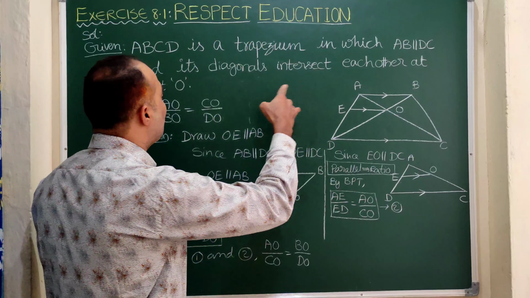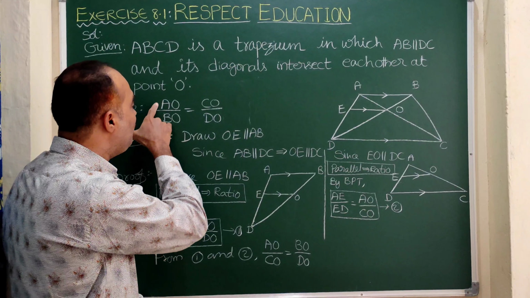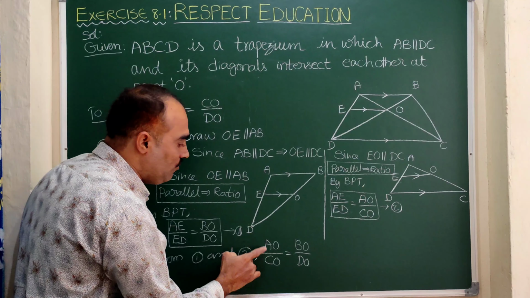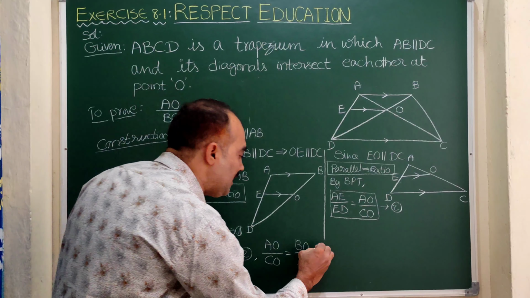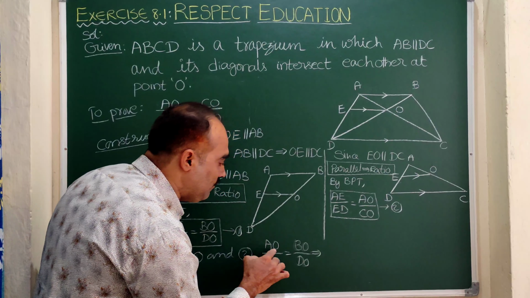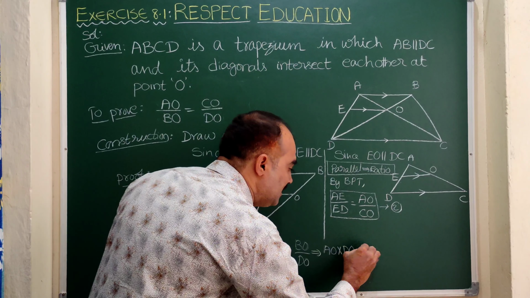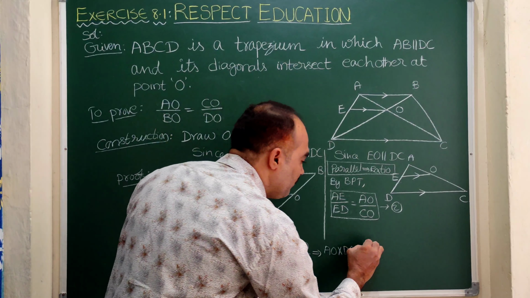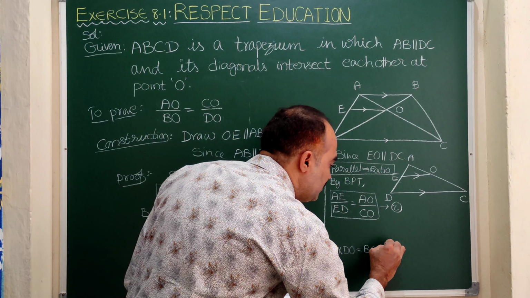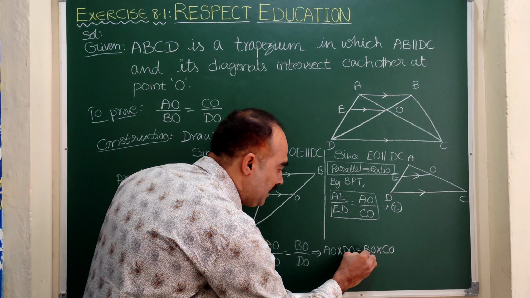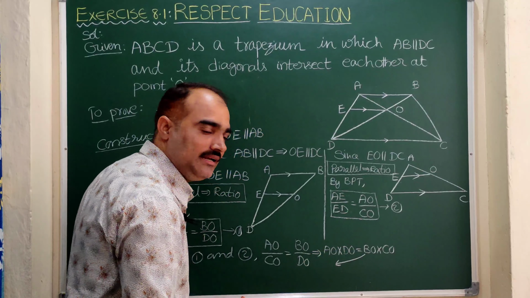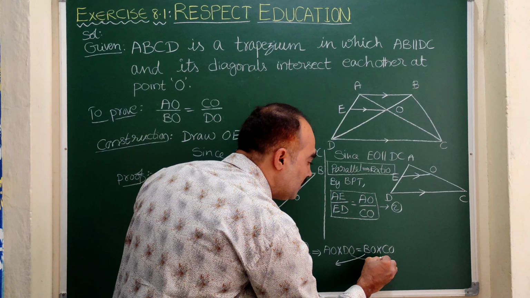You just observe what is to be proved. AO by BO is required. Here we have AO by CO. Let us do cross multiplication. So here we get AO into DO is equal to BO into CO. Let us bring this BO this side and send DO that side.